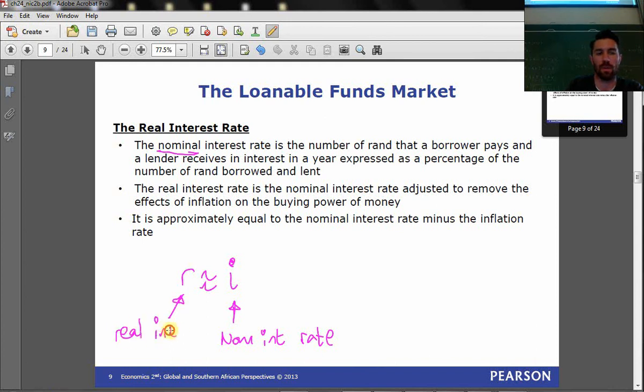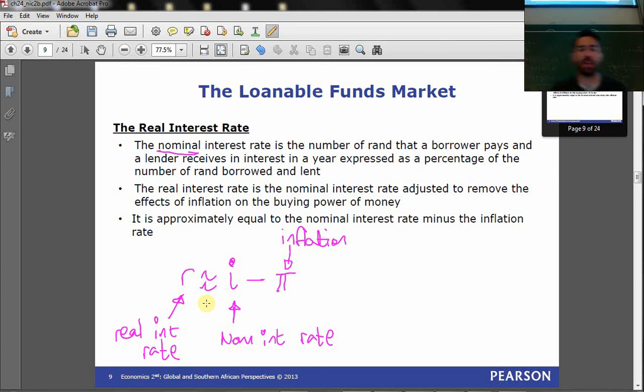The real interest rate is approximately the nominal interest rate minus the rate of inflation. And I'm just going to call inflation here pi. Those squiggly equal signs mean approximately equal to.